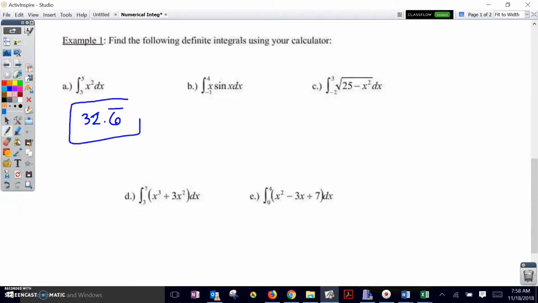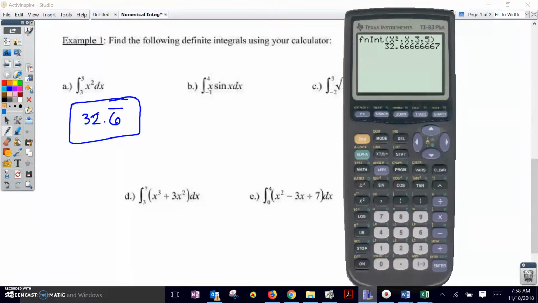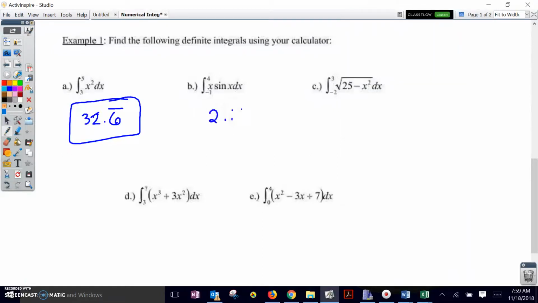And there's the value of the integral. Alright. I'm going to go back and pick Math 9 and bring that out. And now I've got x sine of x with respect to x from -1 to 4. And we get 2.159 as the approximate value of this integral.